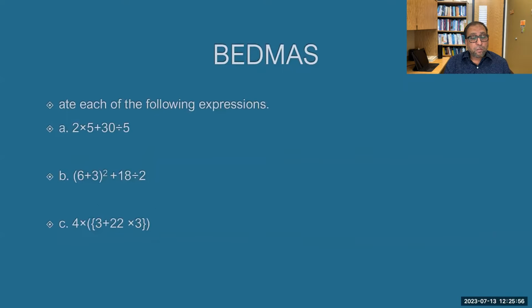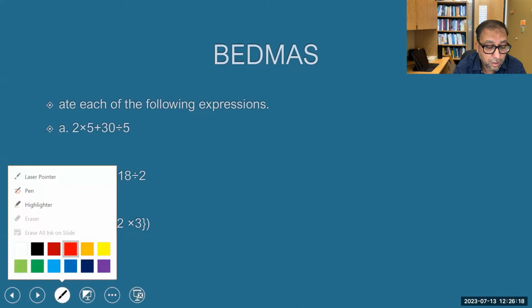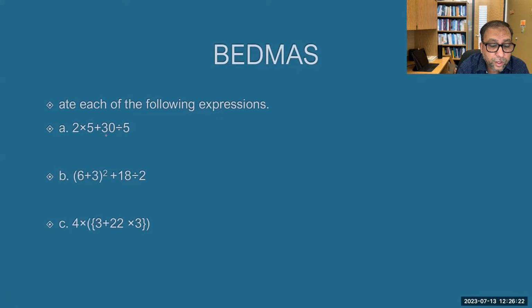Here are three examples, and we have to calculate the result of each. In the first expression, we see there is a division.